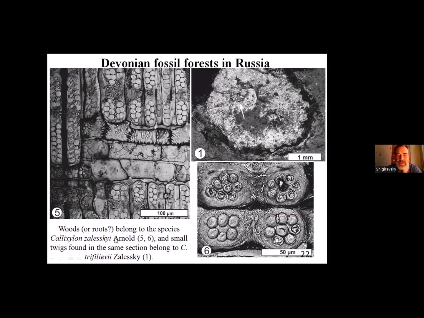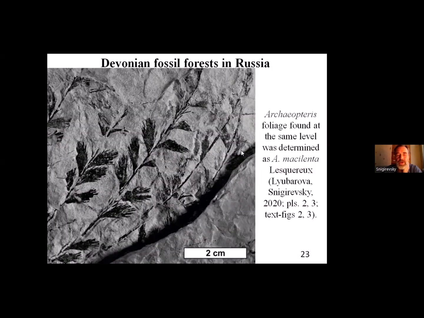The first one is a small stem of Callixylon trifilievii anatomical structure. And here we find the foliage of Archaeopteris macilenta, a very usual type of foliage which is connected all the time with Callixylon wood.